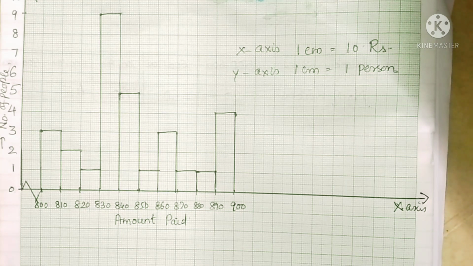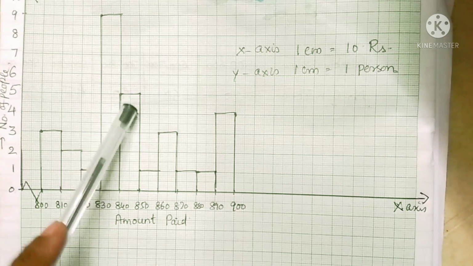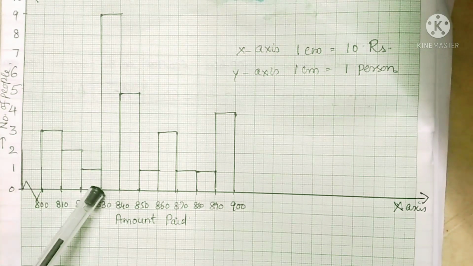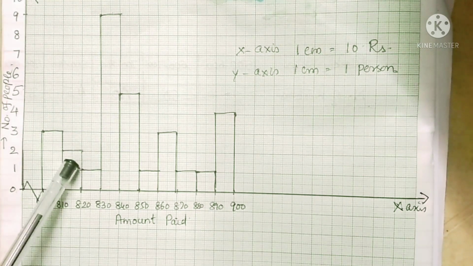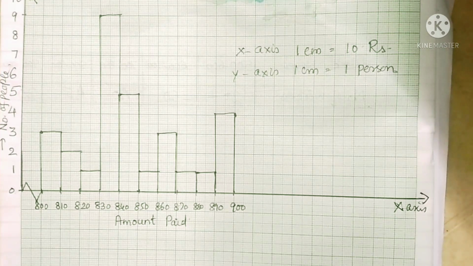And how many workers earn less than 850? Less than 850 means less than this, all of them. So how many here? 5 plus 9, 14 plus 1, 15, 16, 17 plus 3. So 20 people earn less than 850 rupees.